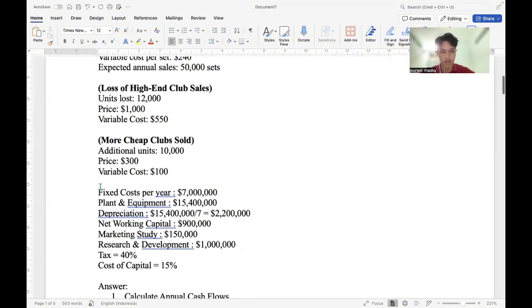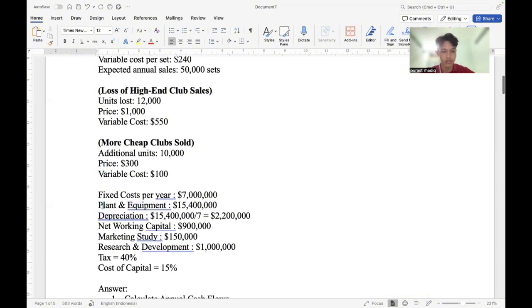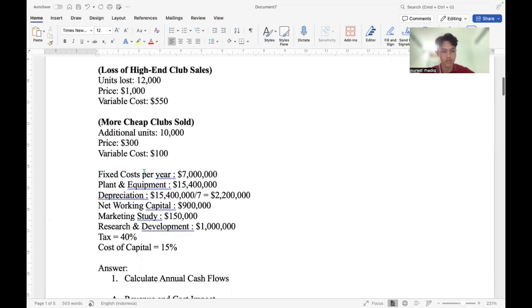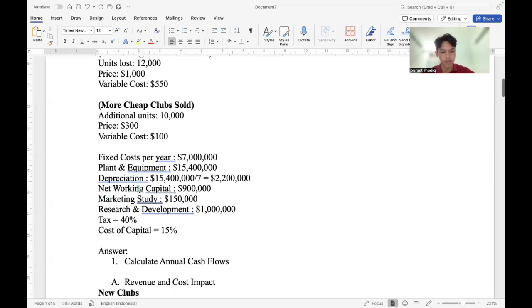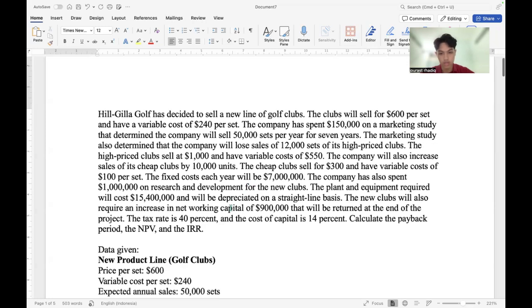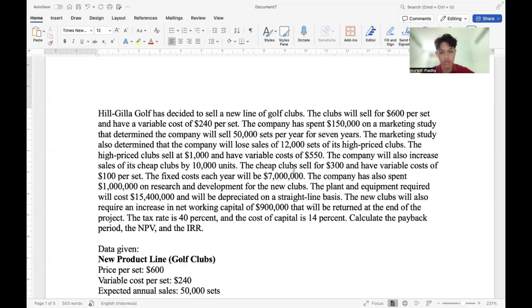Then this is the other data given by the question. For example, the fixed cost per year is 7 mil. We have plant and equipment, which means a one-time cost to start the production, and depreciation. The way to calculate this is the plant and equipment divided by 7 years, because here they wanted to do the project for 7 years.